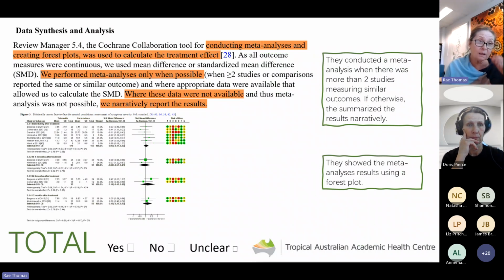So that's pretty comprehensive, right? They told me that they did it numerically when they could and narratively when they could not. Again, what I also saw, which we're going to unpack in a minute, is the forest plot. So they showed me quite clearly how they constructed their forest plot and what that means. So in terms of totaling, did they do a good job? Again, I think they did.